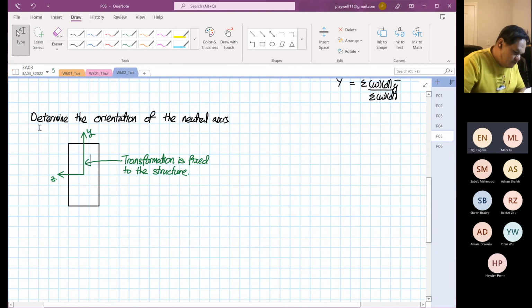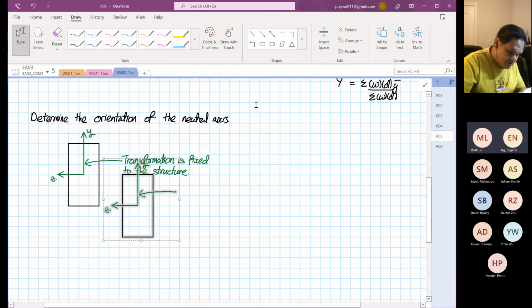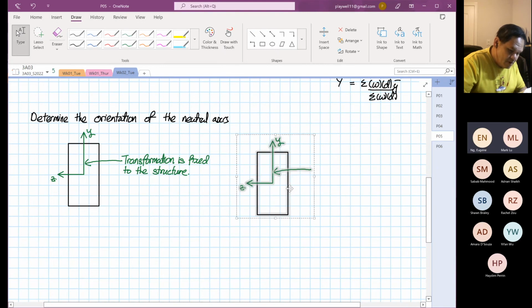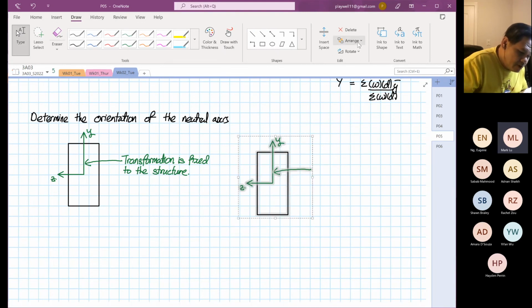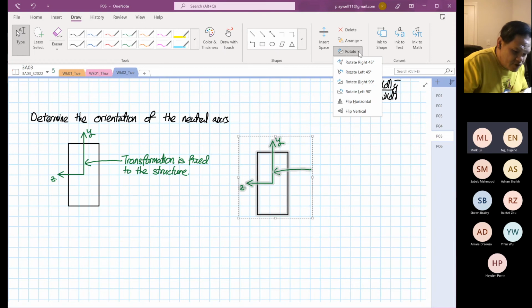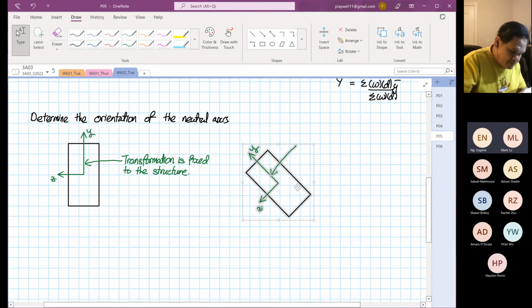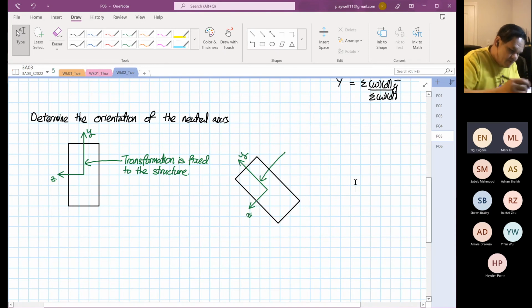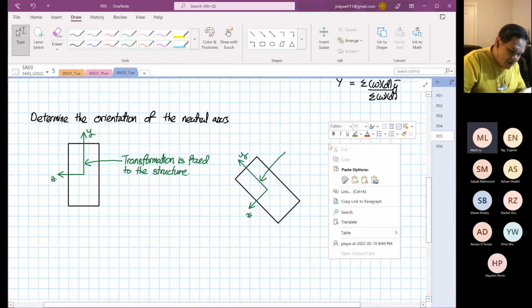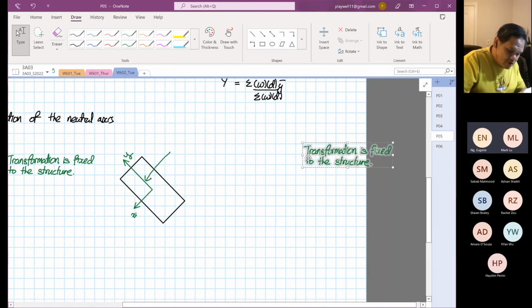Now, if we were to rotate this by any angle, for this case I will rotate by 45, for example, what it means is that the X, Y, and Z axes are fixed to the structure.